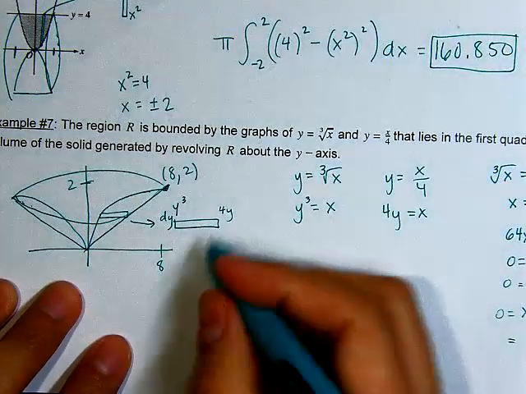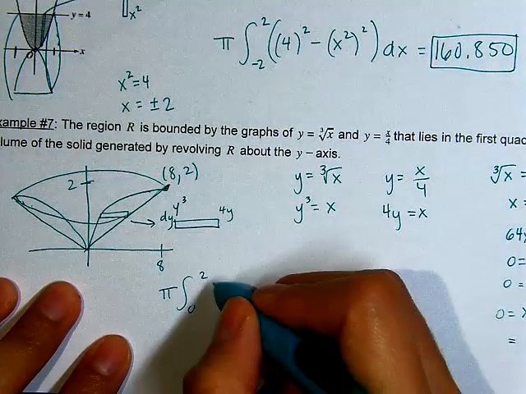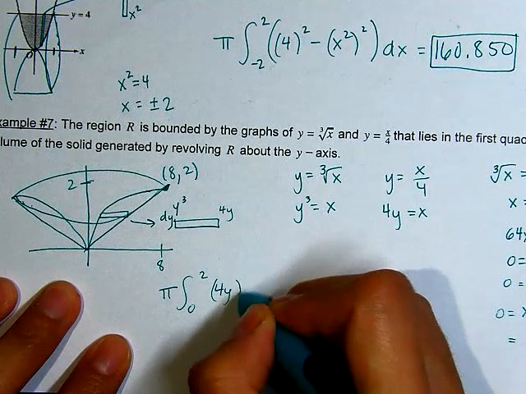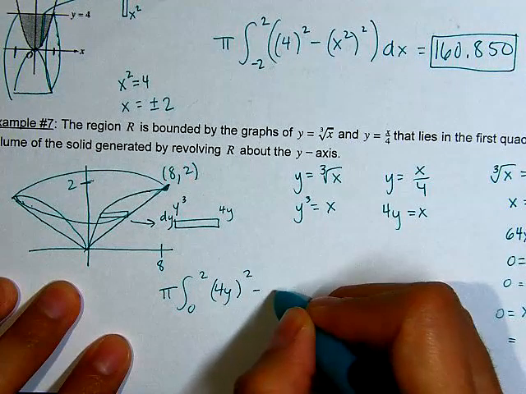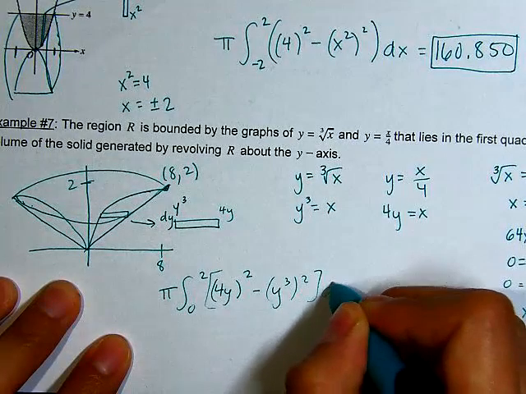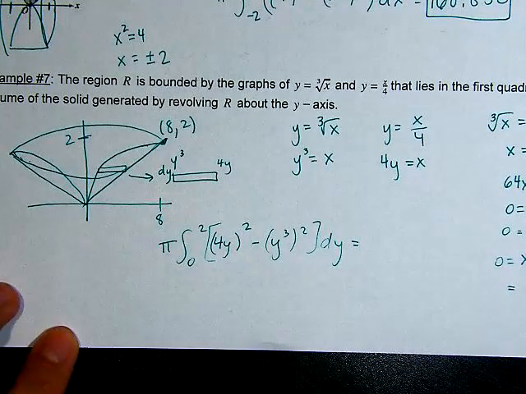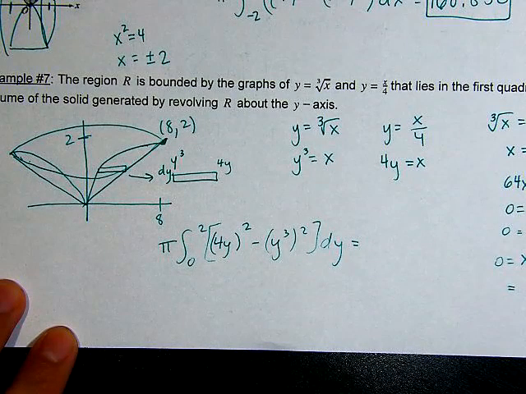Alright, so using my formula, integral from 0 to 2 of (4y) squared minus (y cubed) squared dy. So this one again is not calculator active.